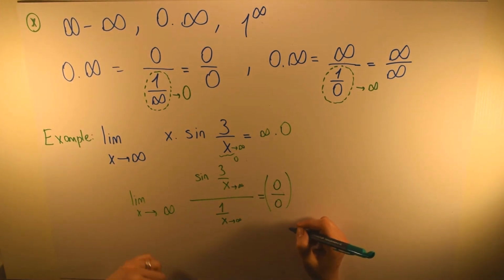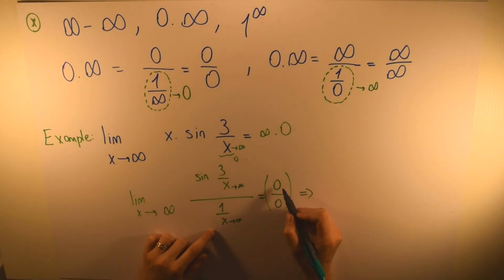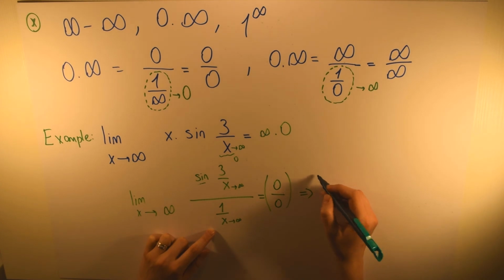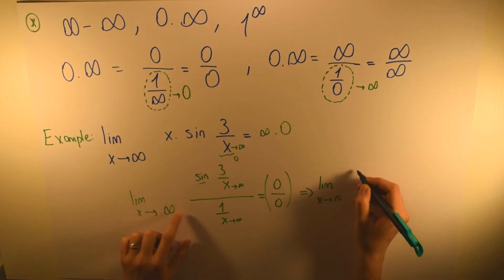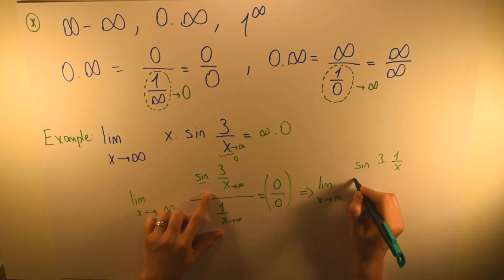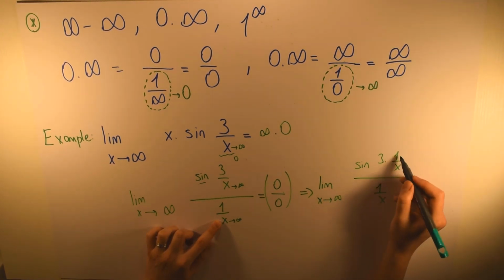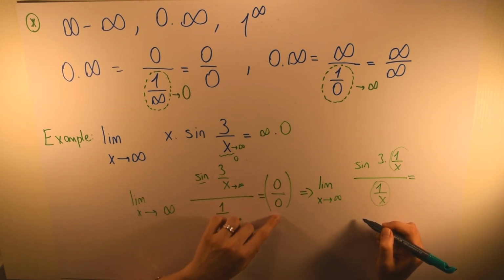But I know one formula here. I have 0 over 0, right? And I have a sine function. So this sine function, I can write as the limit as x approaches infinity of sine 3 times 1 over x, over 1 over x. Why? Because you see we have 1 over x here and 1 over x here, and it is the 0 over 0 indeterminate form.